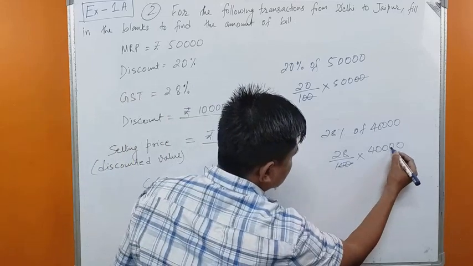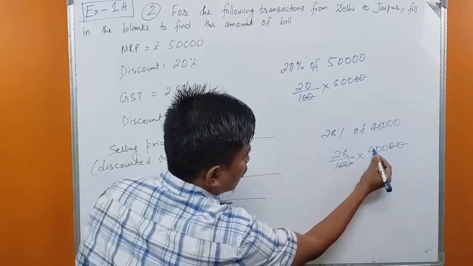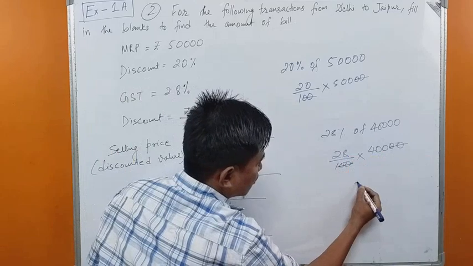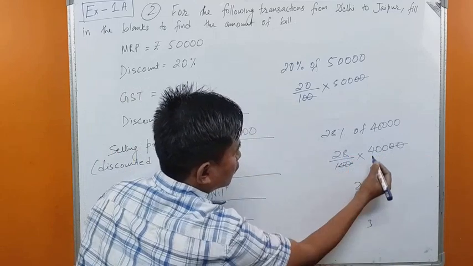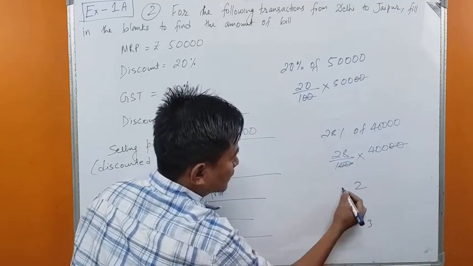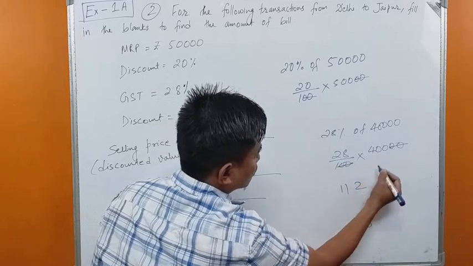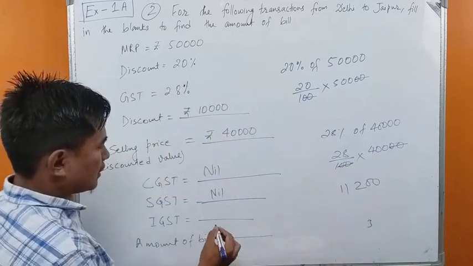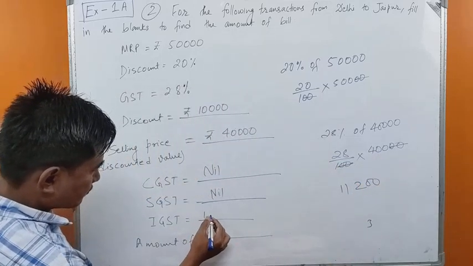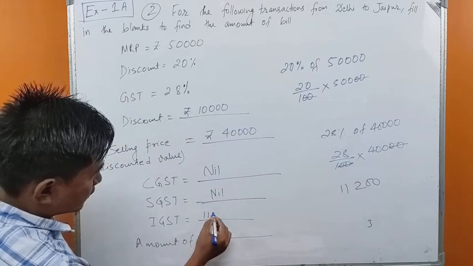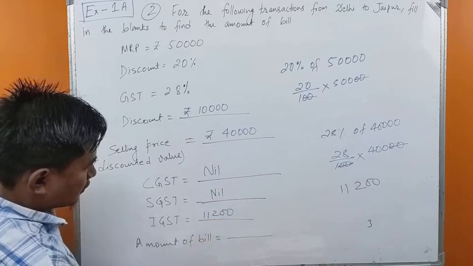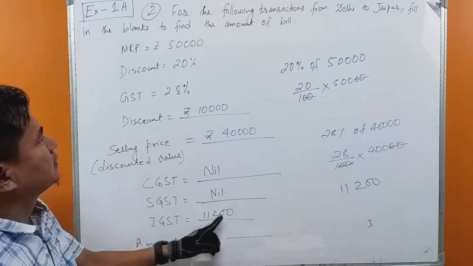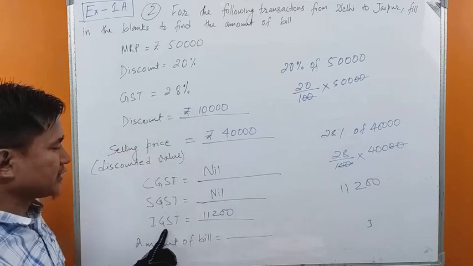These 2 zeros cancel out. 4 8s are 32, 2 3 in hand. 4 2s are 8 plus 3 is 11. These 2 zeros we write here. 11,200 is the GST, or we can say IGST.